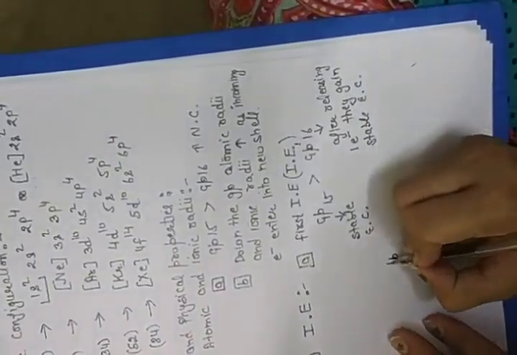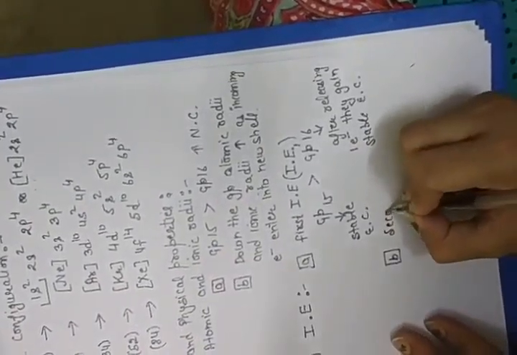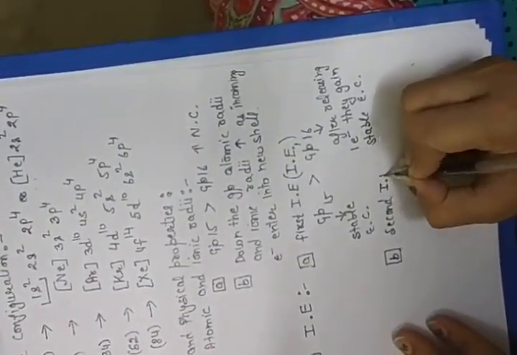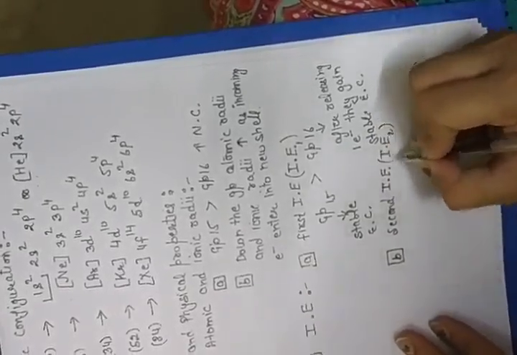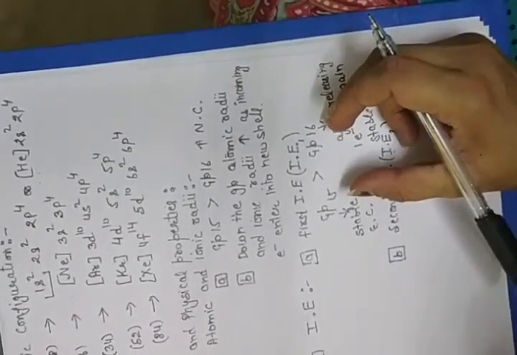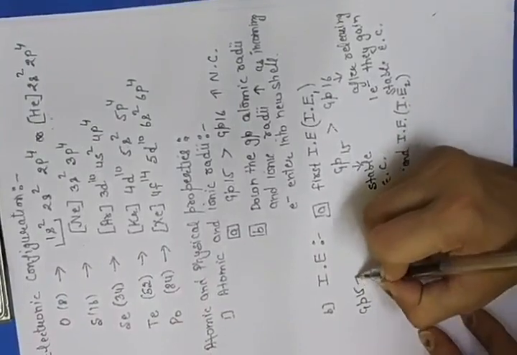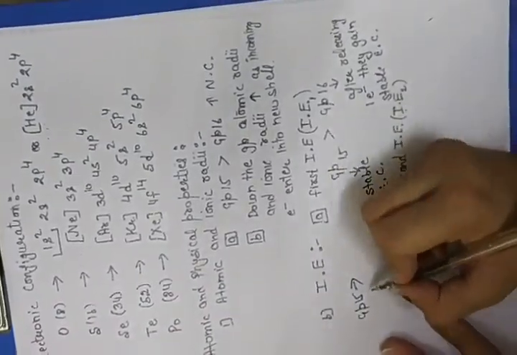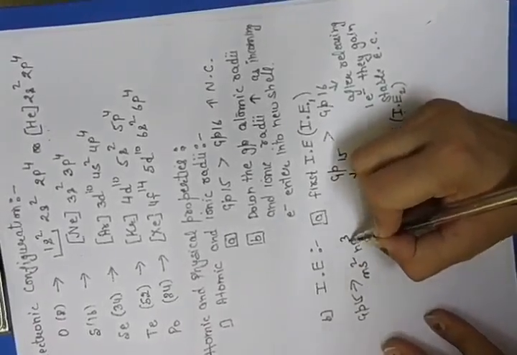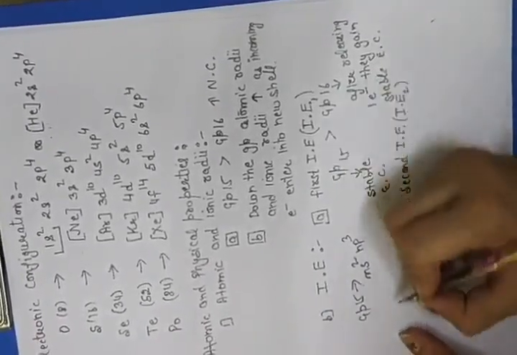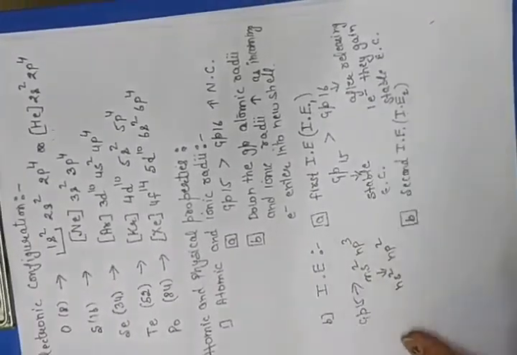Now next, about the same groups, that is second ionization enthalpy. So after releasing one electron from group number 15, its electronic configuration is ns2 np3. While releasing one electron, it becomes ns2 np2.